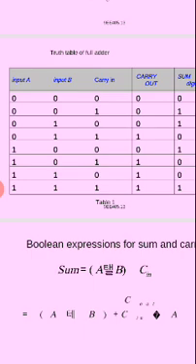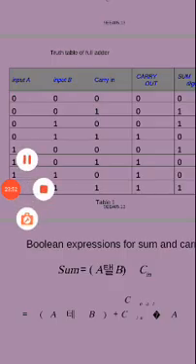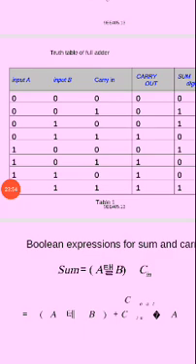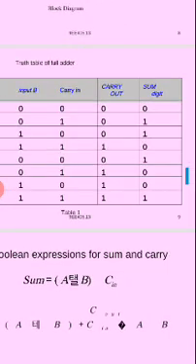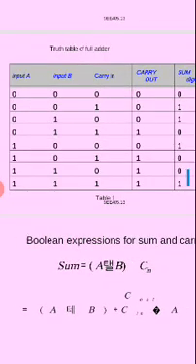For the 1 1 1 combination, carry 1, sum 1. This is the truth table of the full adder, because the full adder can add 3 bits at a time.